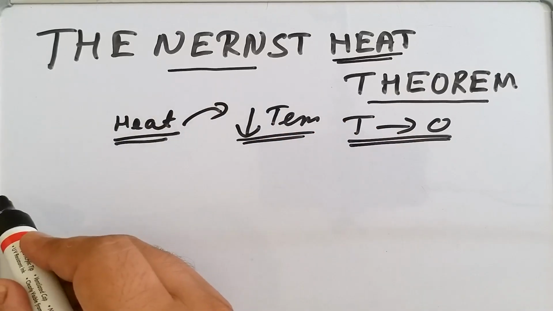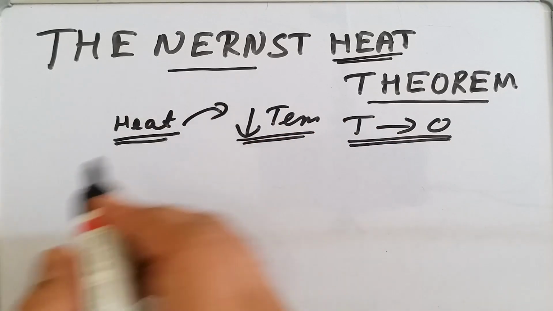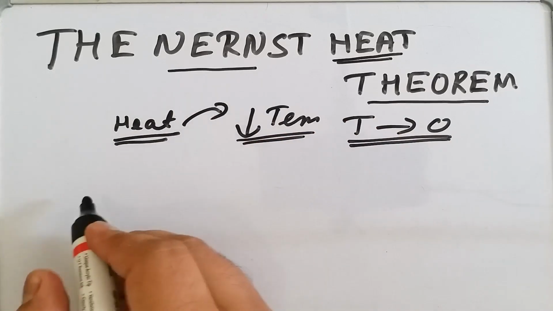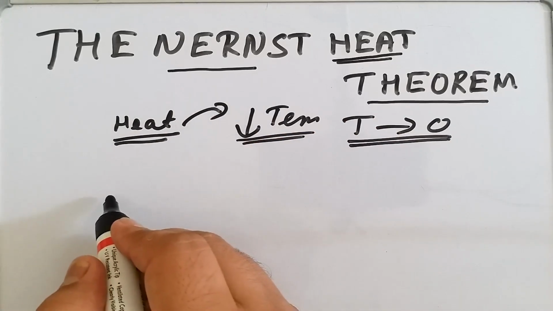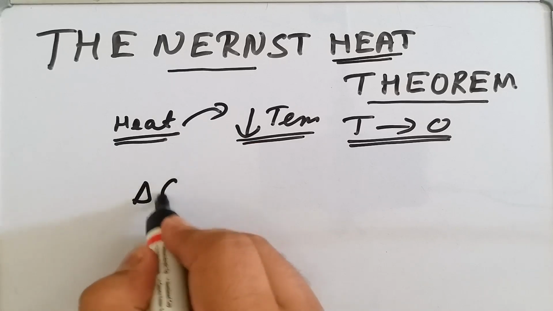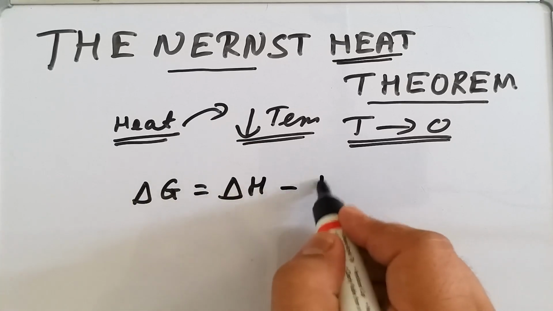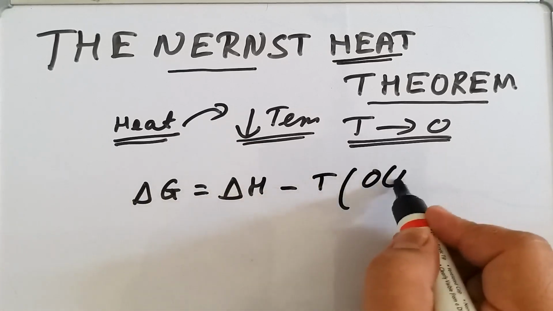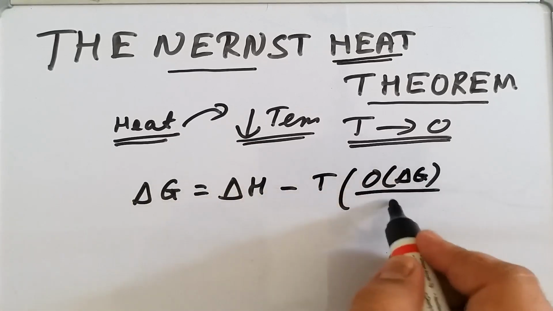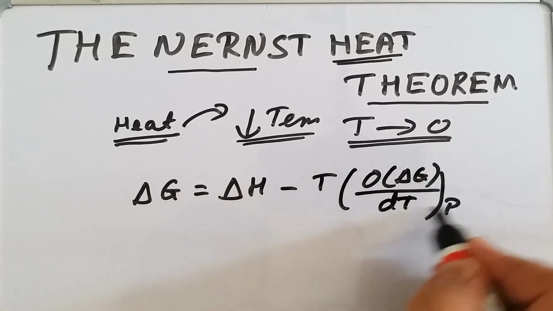And this theorem has its basis in the Gibbs-Helmholtz equation. We all know it very well: delta G is equal to delta H minus T d delta G by dT at constant pressure.